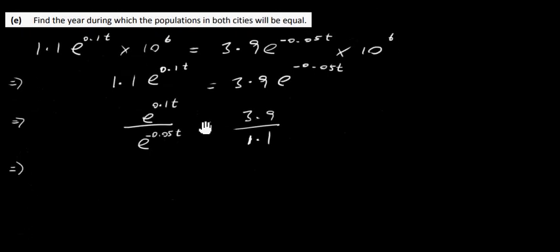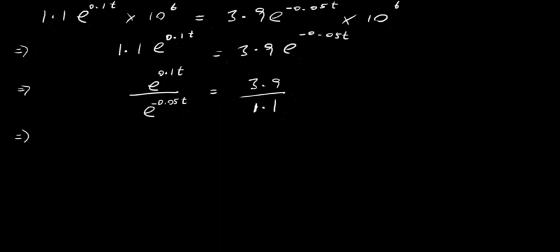Okay, next thing I'm going to do here is, we have e to the power of something divided by e to the power of something, so you can subtract the two powers. So really it's going to be e to the power of 0.1t minus minus 0.05t, which you can just add, and that's equal to 39 over 11.